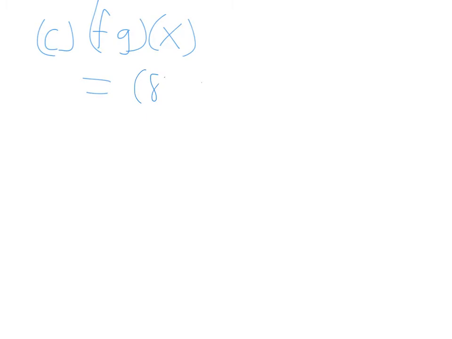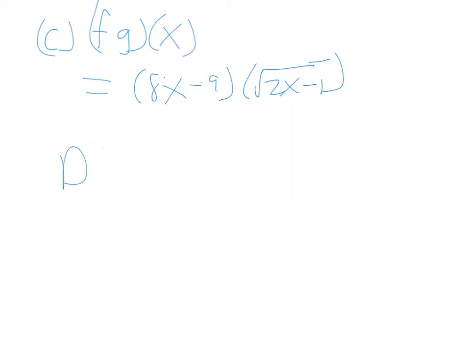Part C, f times g of x, that would be equal to the formula for f, which is 8x minus 9, times the square root of 2x minus 1. You could leave it like this, since it's a square root.